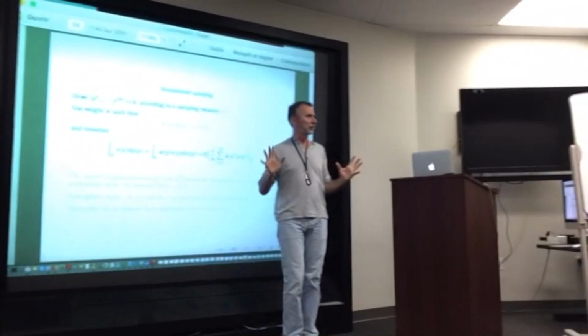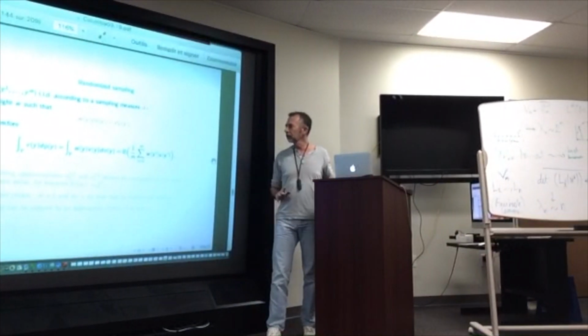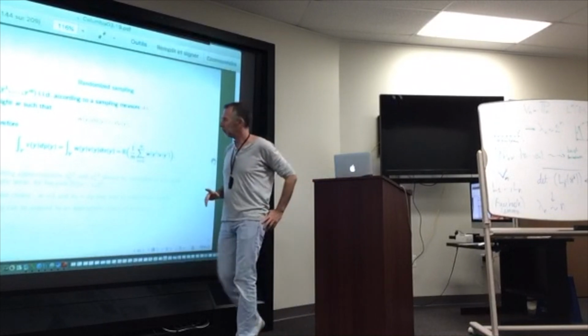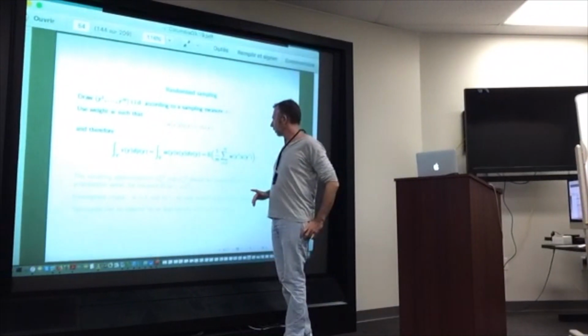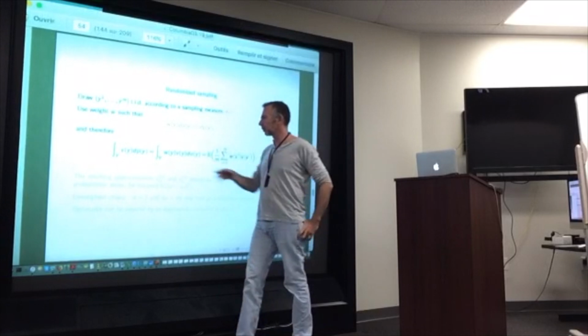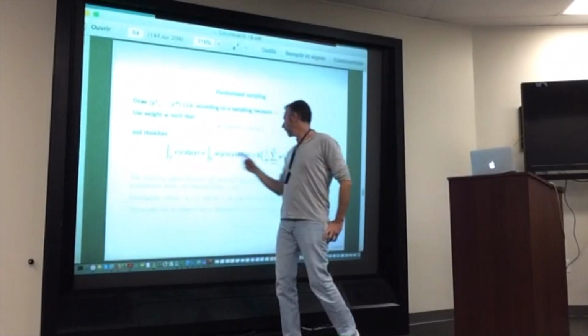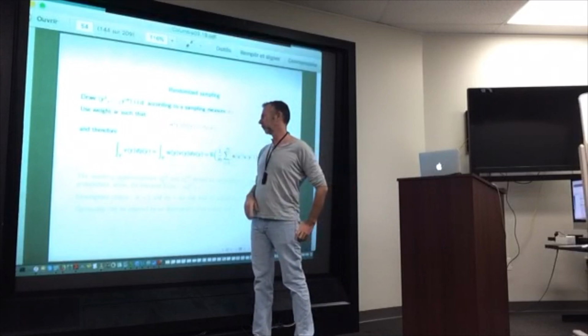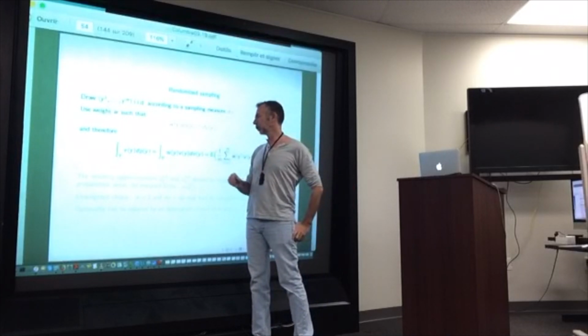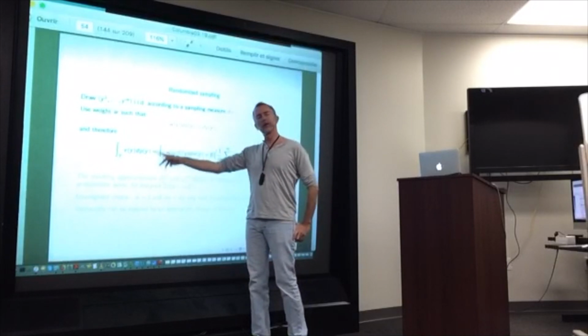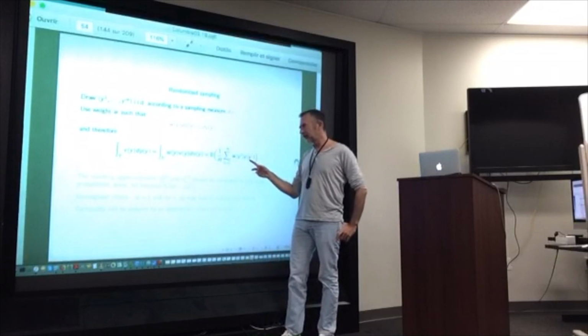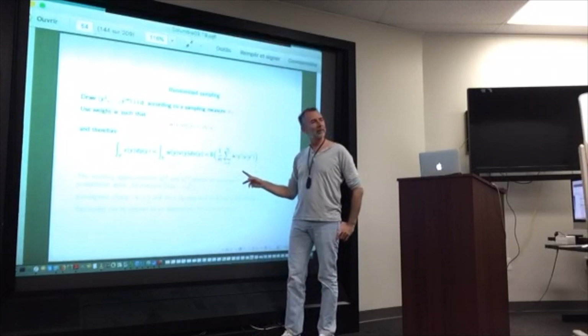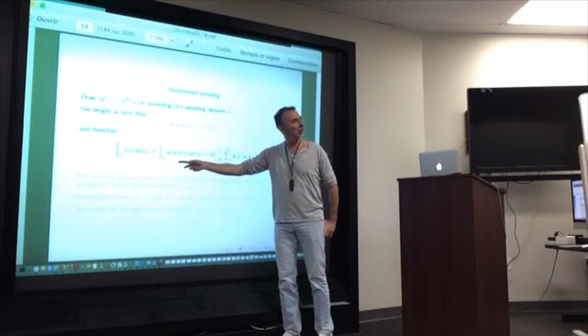Okay, why? This is quite natural if you think about it. You see, because we are replacing integrals by weighted sums, okay? And you see that when you have this relation, then this integral can be written this way. And so this weighted sum becomes an unbiased estimator for this integral.